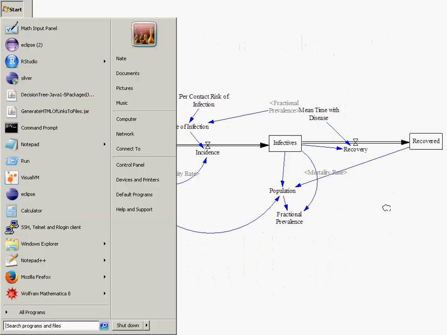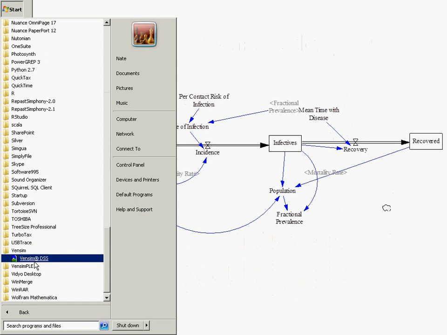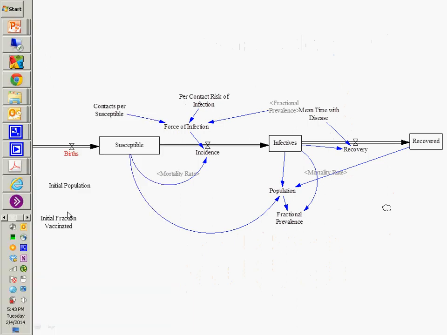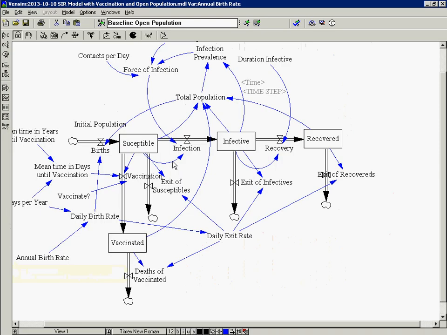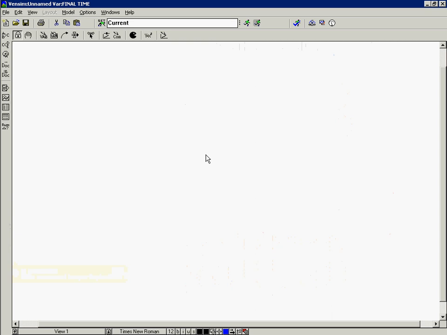I believe the machines delivered by Seth should also have Vensim for anyone working from there. And I'm going to work with Vensim PLE. Okay, so I've just called up Vensim here.